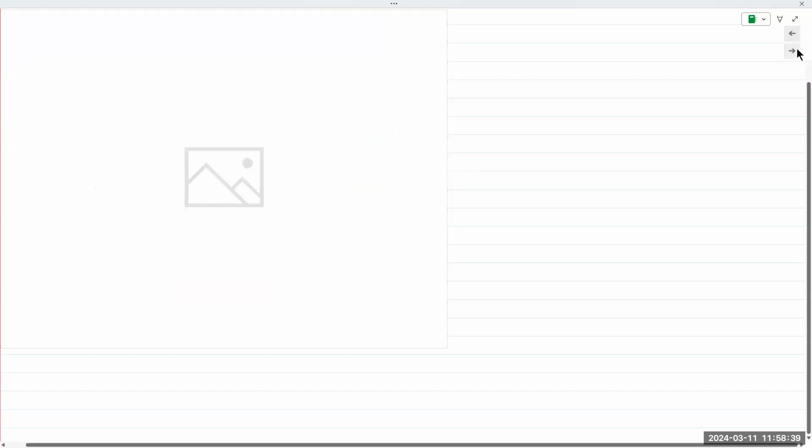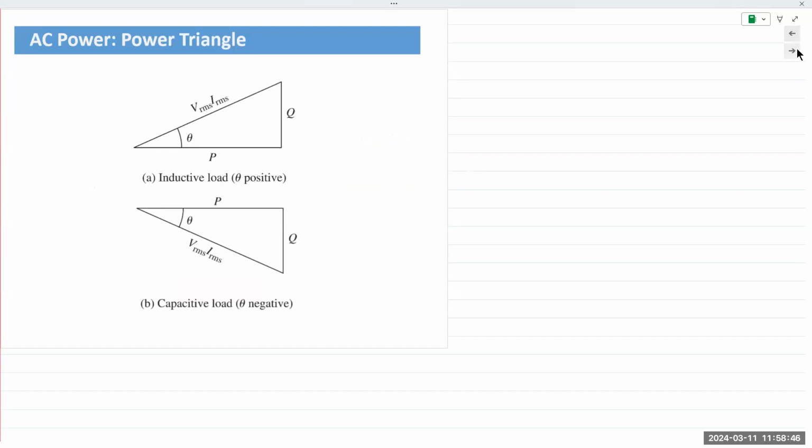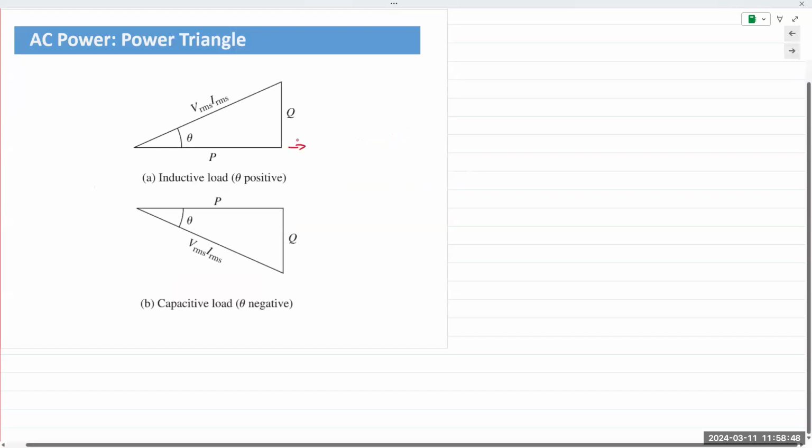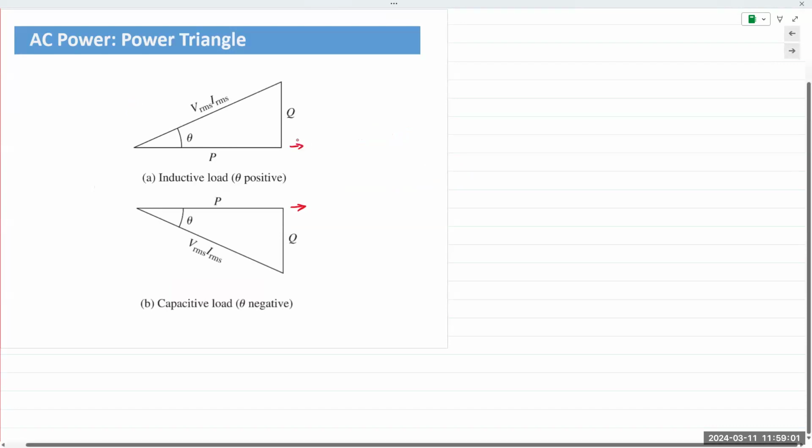From those three quantities, we can draw a triangle to describe the vectors. Real power P is on the x-axis, the positive real axis. Sorry, not imaginary power.